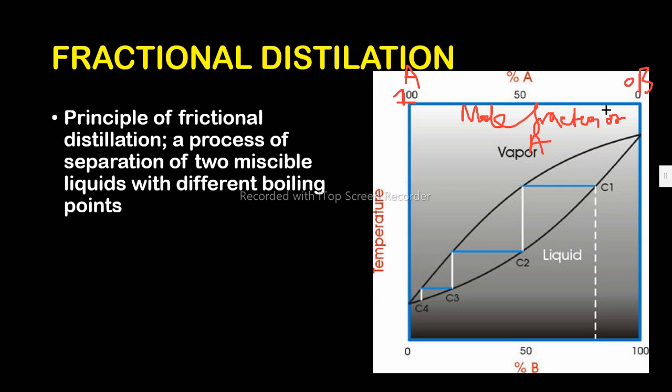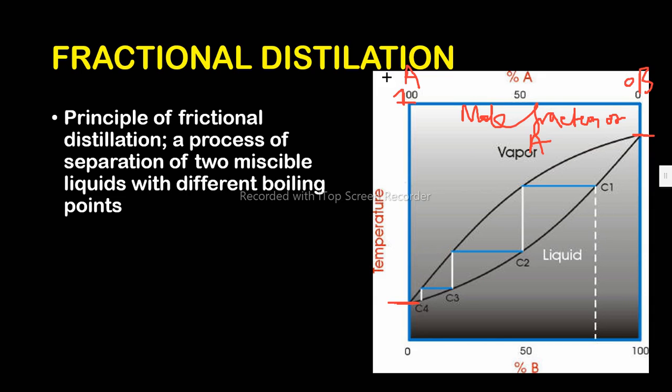Now, pure A boils at this temperature, and pure B boils at this temperature. This graph is inverted, but let's just put these values down.